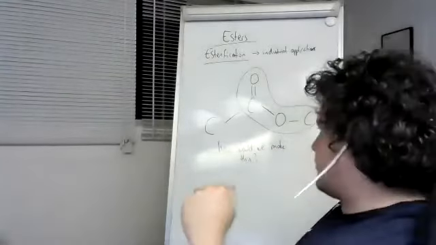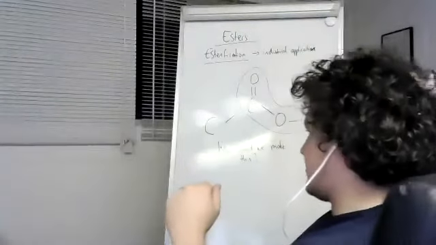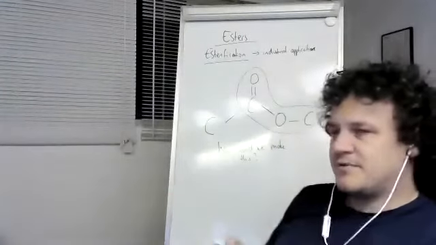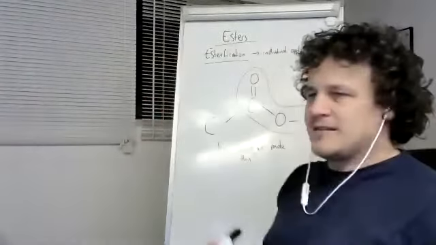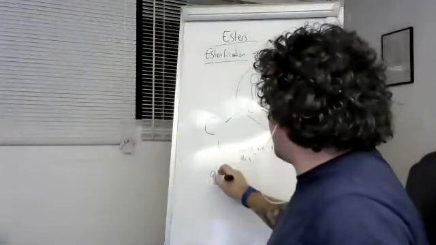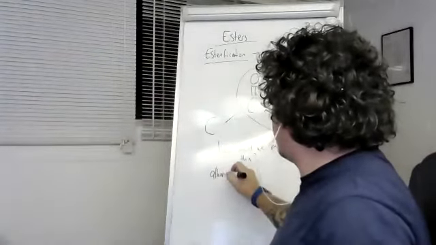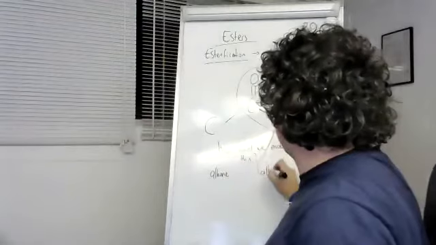So, part of last year's assessment for this was actually, we need to create an ester from 2 basic molecules. So an alkane and an alkene.